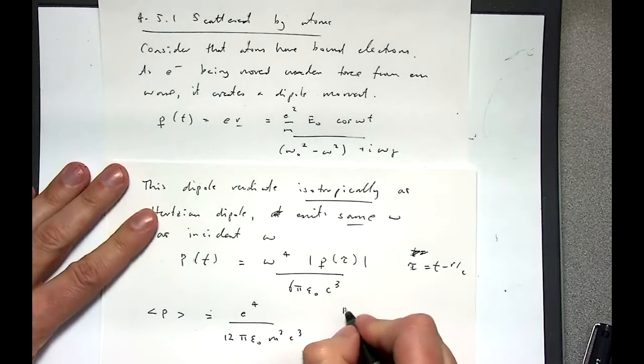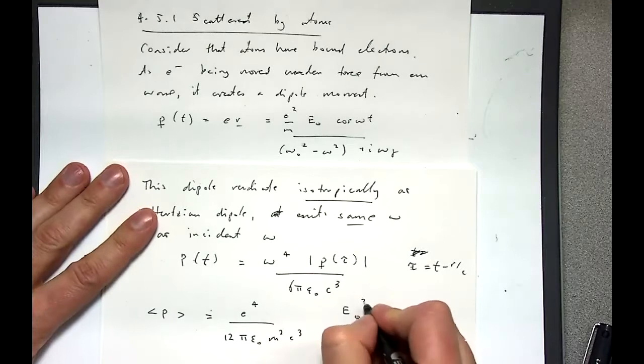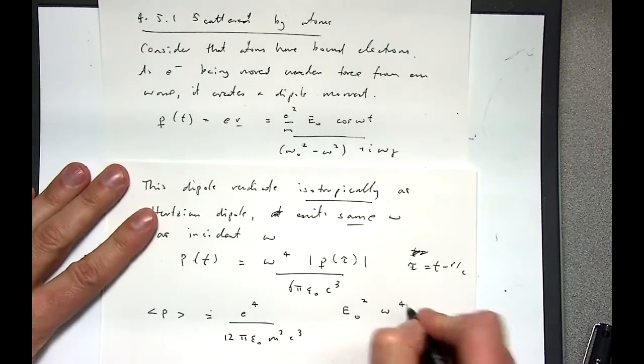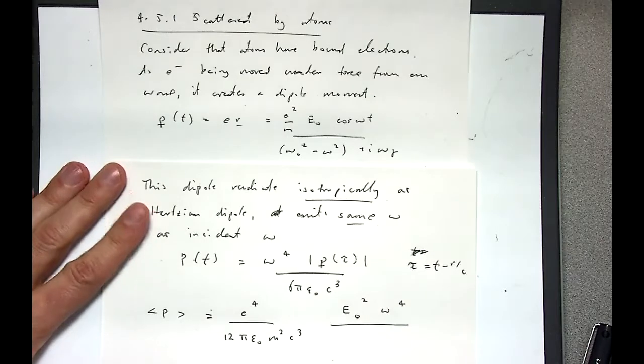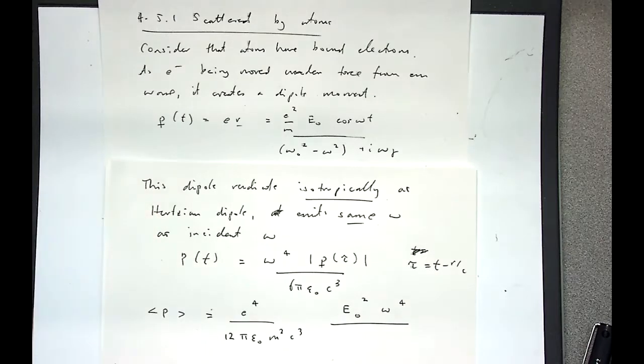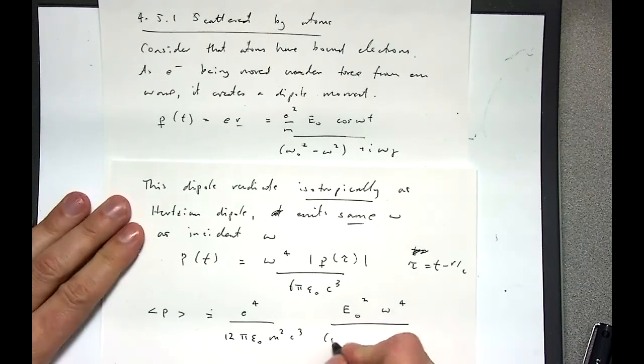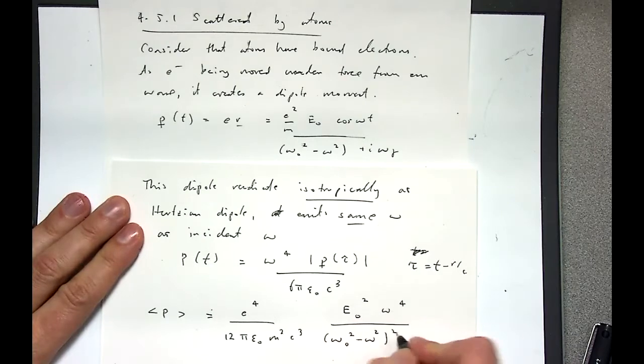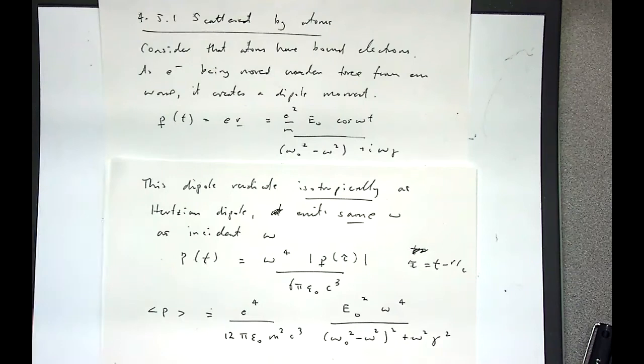But the important thing is the scattered power goes as E naught squared, omega to the 4th. Those are my two important scaling values. It's proportional to the intensity. And then I've got the response of the atoms. So it's just like we had before. Great.